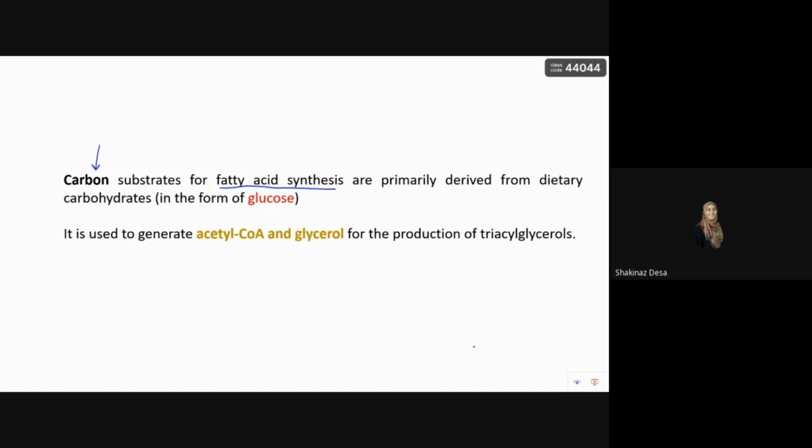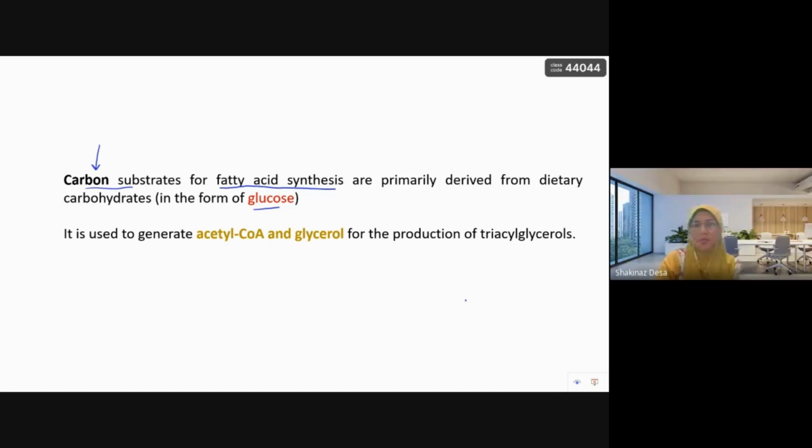Gitu. Apa benda lagi? Glucose ni tadi, ataupun carbon substrate tu tadi, will be used to generate acetyl-CoA and glycerol for the production of TAG. So kadang-kadang saya sebut lipid, kadang-kadang saya sebut triacylglycerol, kadang-kadang saya sebut TAG. So I'm referring to the same thing.